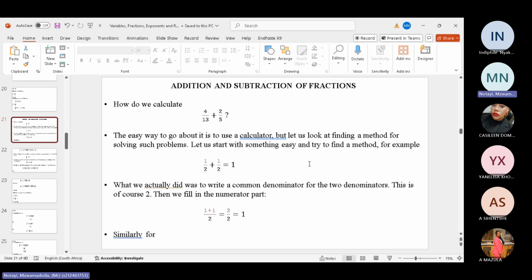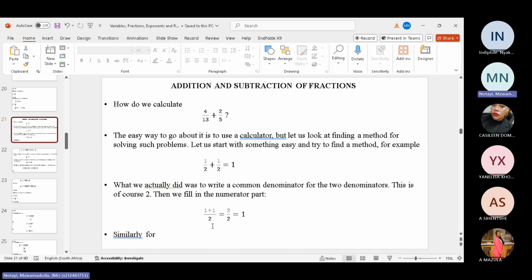1 over 2 plus 1 over 2, which is equal to 1. So it's half plus half, which gives us 1. What we actually did was to write a common denominator for the two denominators. This is of course 2. So the common denominator between the two denominators is 2. Then we fill in the numerator part.